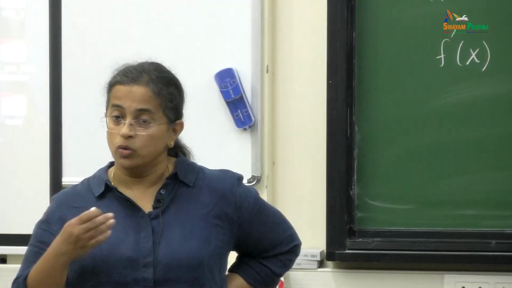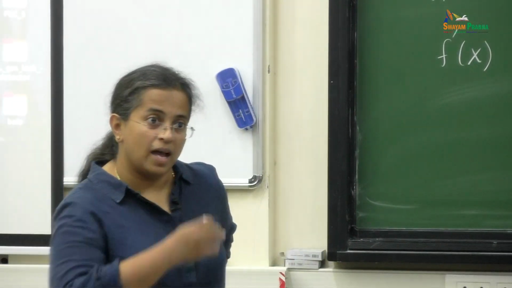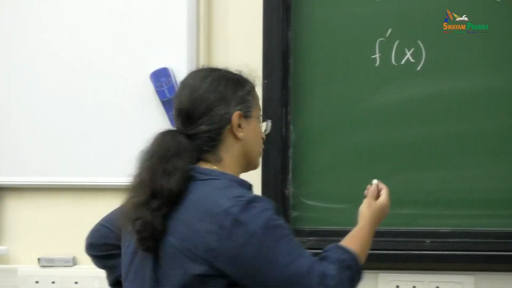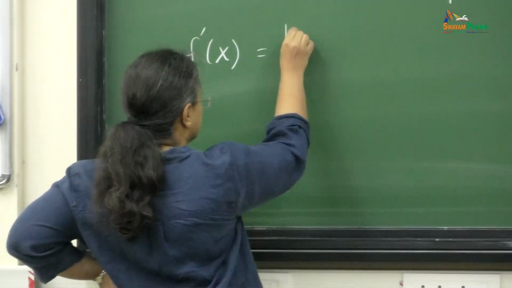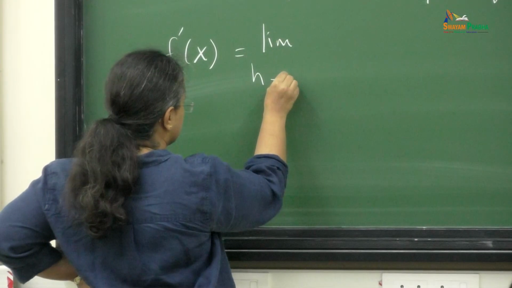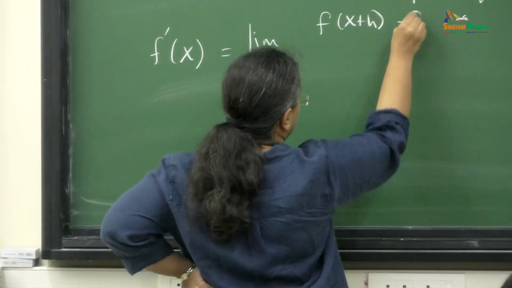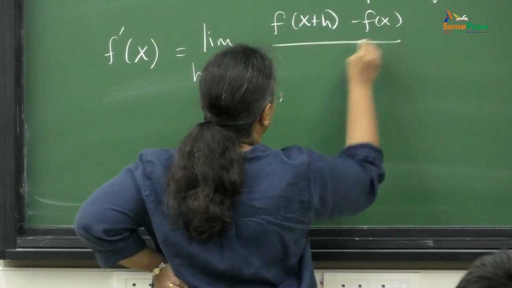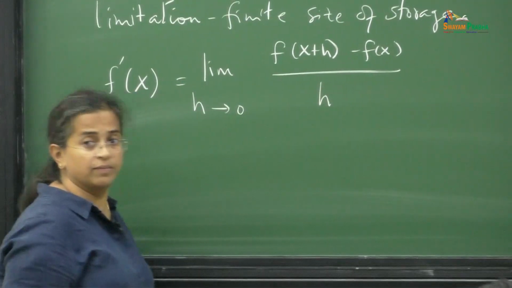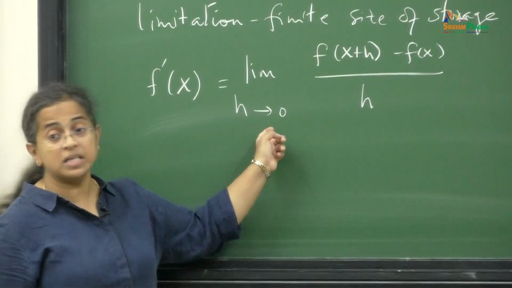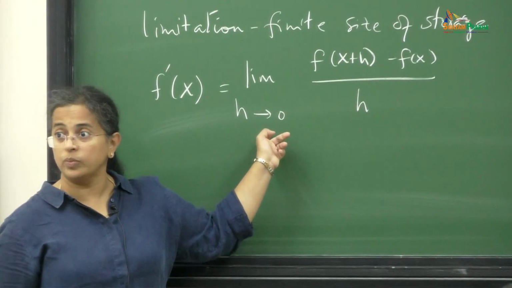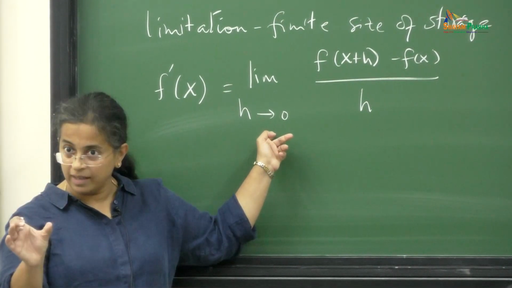Okay? You all know that as you decrease h, you have the math definition which just says that the limit h going to 0, f of x plus h minus f of x divided by h is indeed the derivative. Okay? But this limit is important. If I start with a finite h, I will make an error.